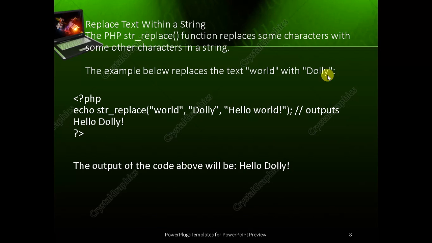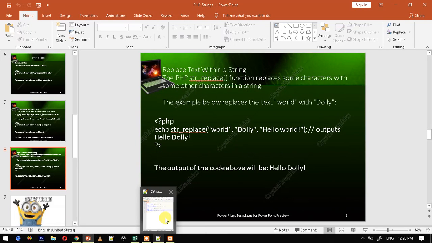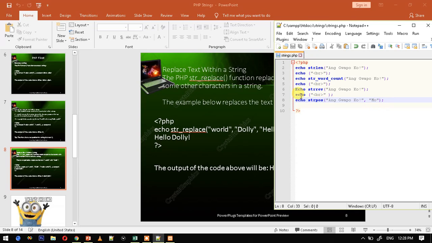Okay, so in the syntax you put the word that is included here, which you're going to replace, and then put the word that will replace it. So let's try the following code. This time we'll be using the same code. Okay, let's just copy and paste it here.